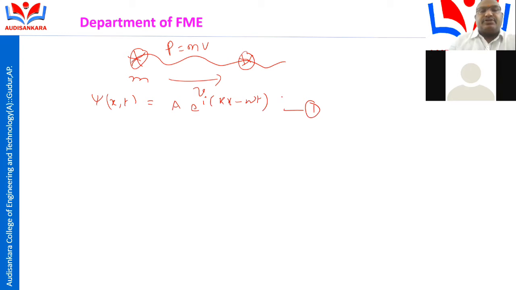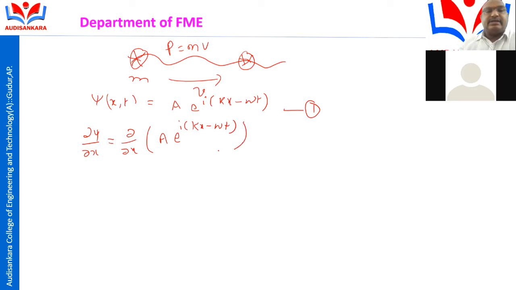So in the above equation 1, differentiate with respect to x. Dou psi by dou x is equal to dou by dou x of A e power i(kx minus omega t). My dear students, in the partial derivative with respect to x, A is called the amplitude of the wave.